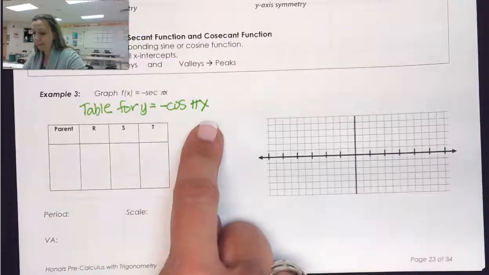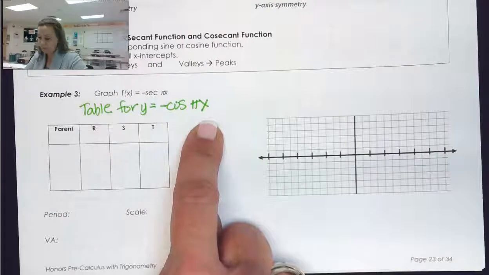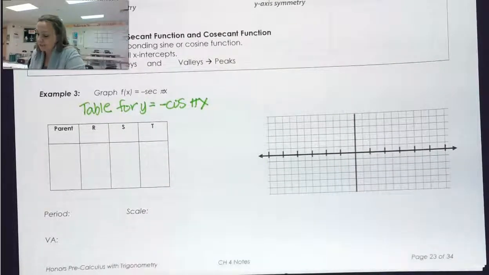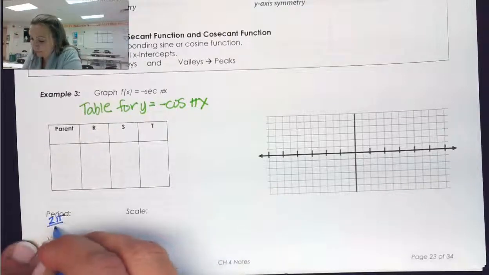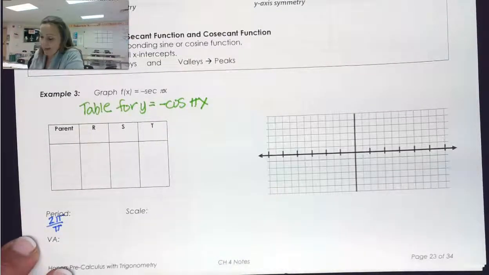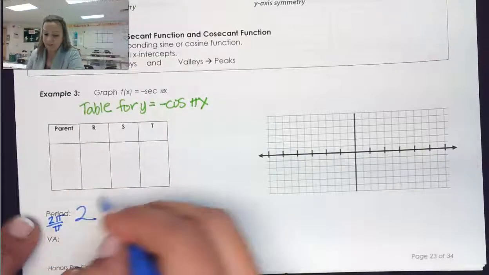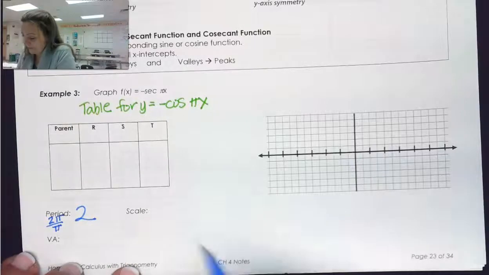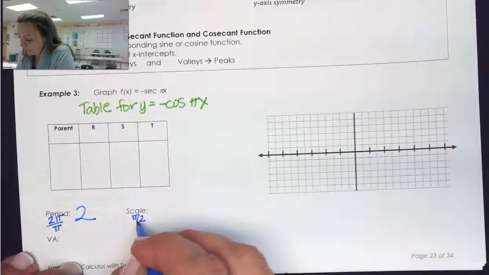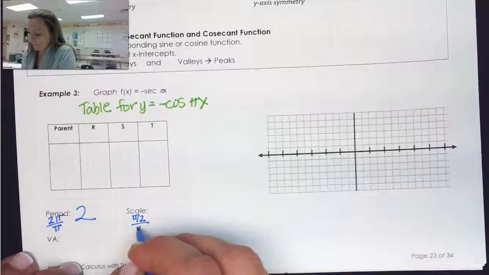So let's find the period of this cosine function. To find the period of the cosine function, remember that's 2 pi over b. So 2 pi over pi gives me a period of 2. Now the scale. The scale is pi over 2 over b.